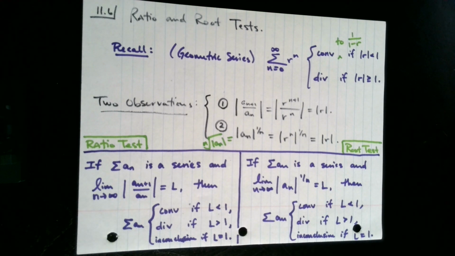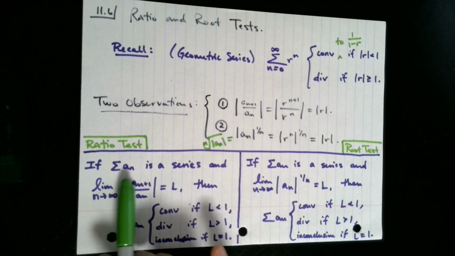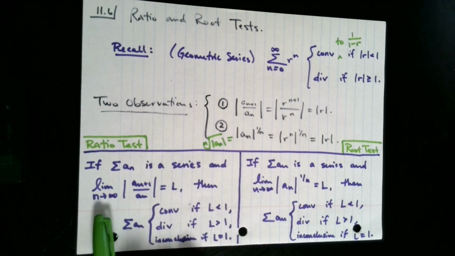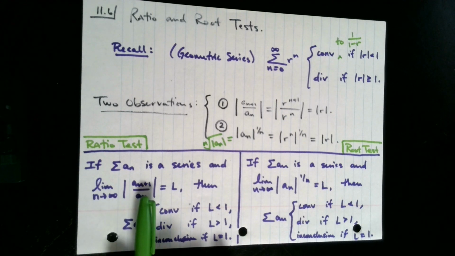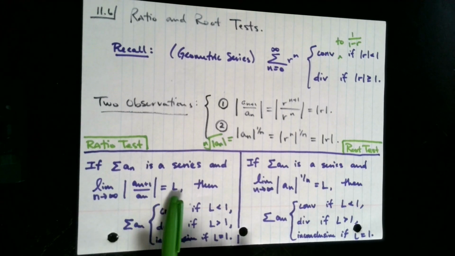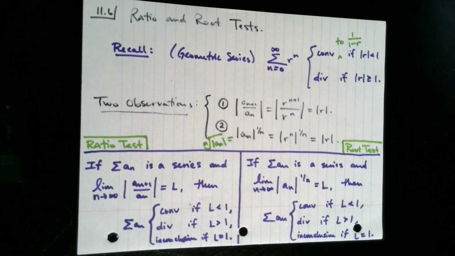And the ratio test essentially says this. If you have a series, and you take the limit as n goes to infinity of the ratio of the terms, let's call that L. Well, if this L is less than 1, then essentially our series is acting like a geometric series with common ratio less than 1, so our series will converge.